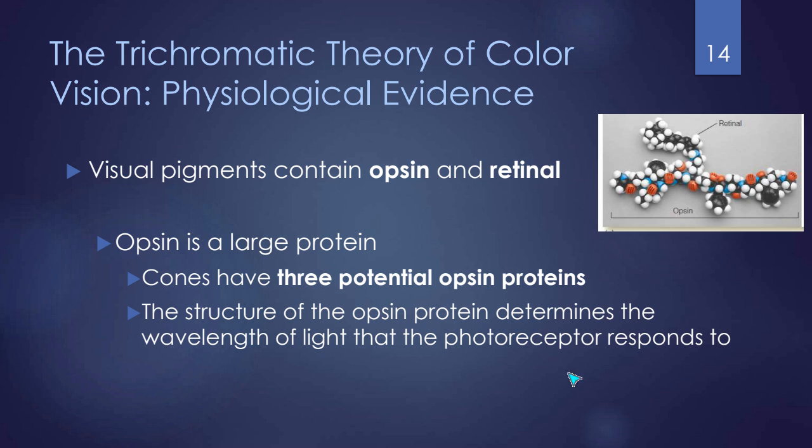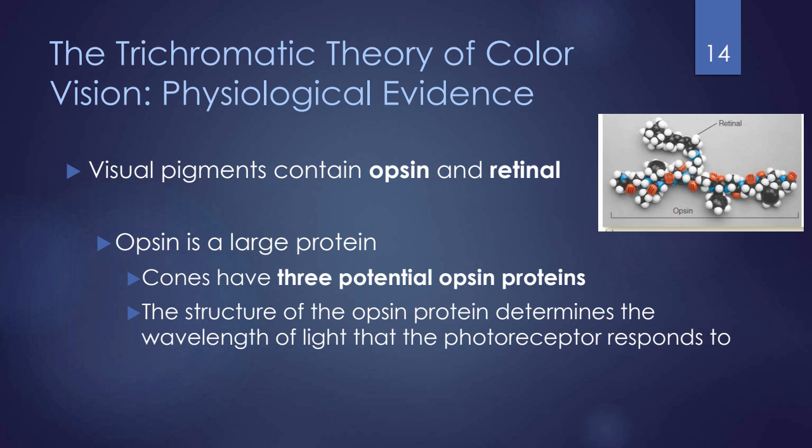Opsin is this large protein here along the bottom. The structure of the opsin protein is what determines the wavelength that a particular receptor responds to. There are differences in the structure of this long opsin protein part of the pigments.